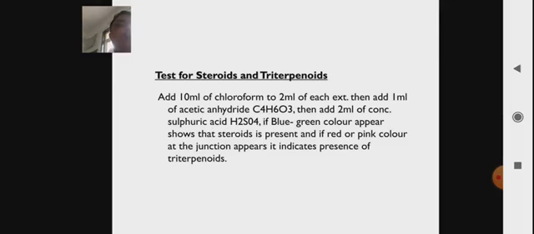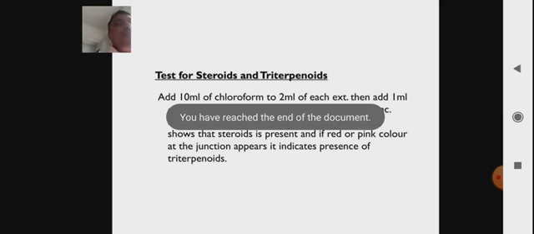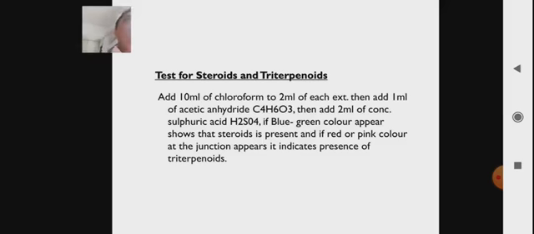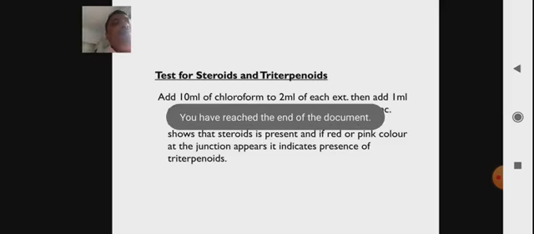If a red or pink color is produced at the junction, it indicates the presence of triterpenoids. If a blue-green color appears, it indicates the presence of steroids. So by this test we can distinguish steroids from triterpenoids.